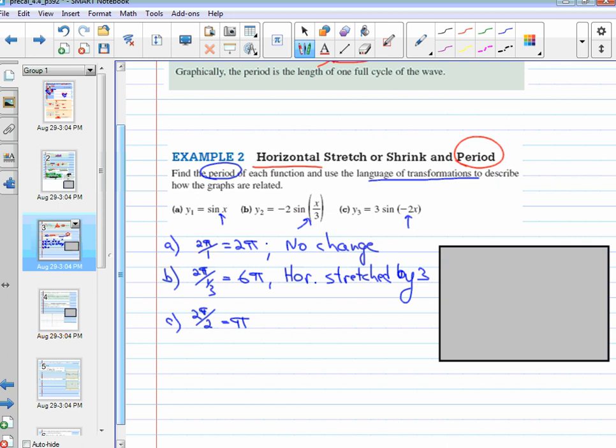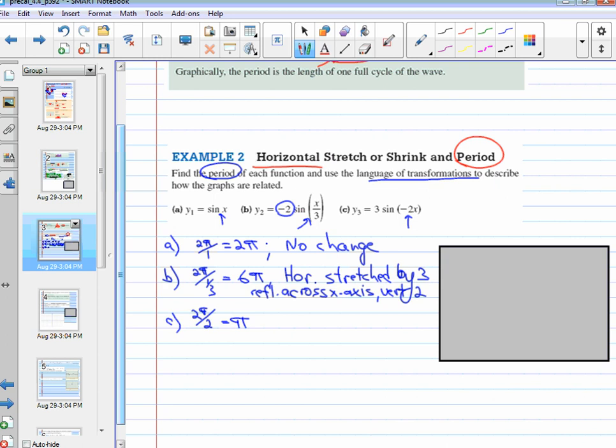Now, I need to back up because I didn't say all the things back here. I didn't talk about this. That's old stuff. Not only is it horizontally stretched by 3, it's also been reflected across the what? This part B. This x-axis. Across x-axis. And it's been vertically stretched by 2.